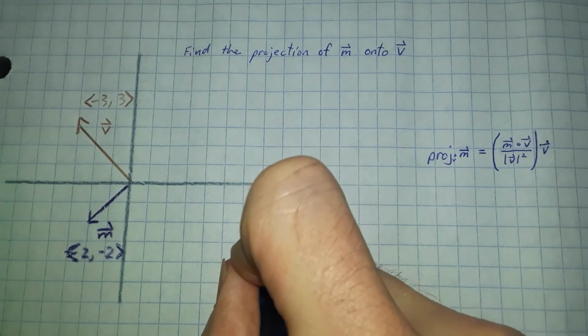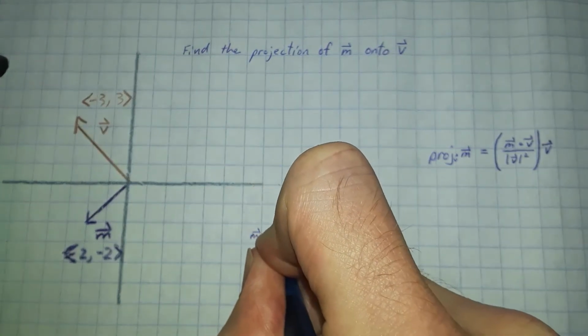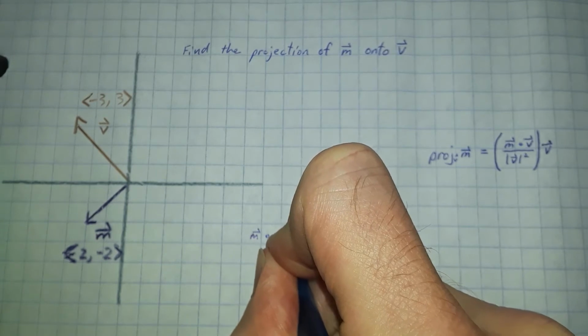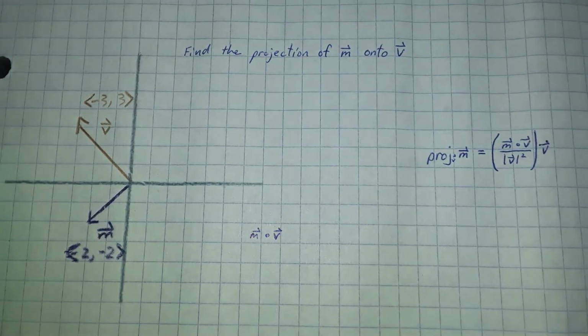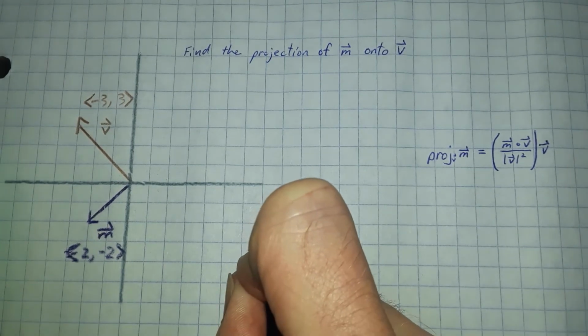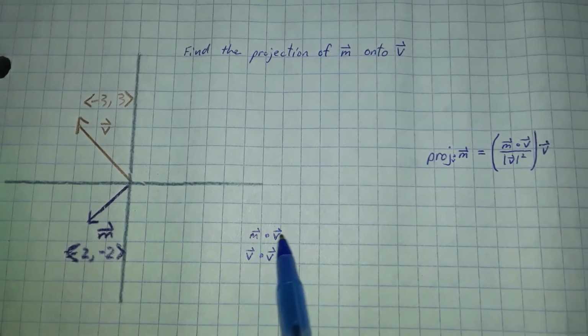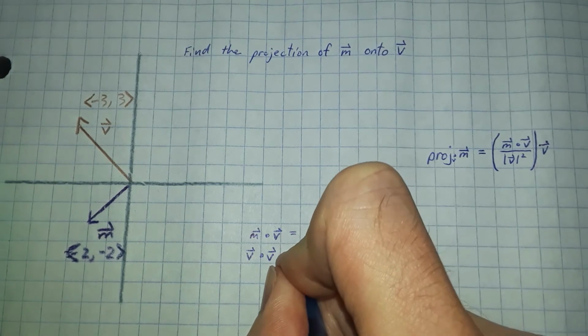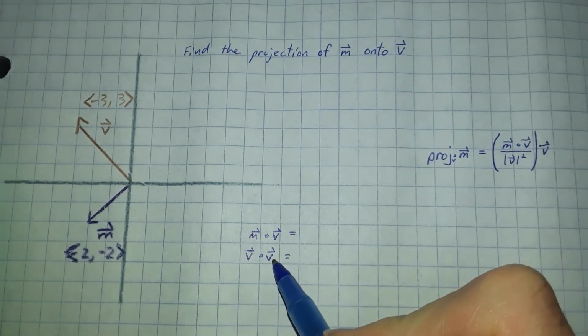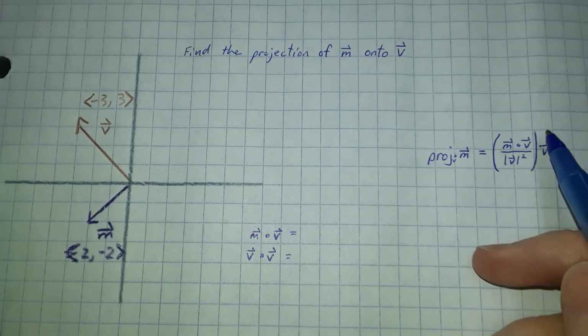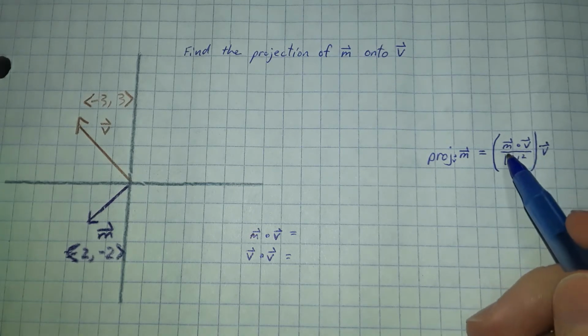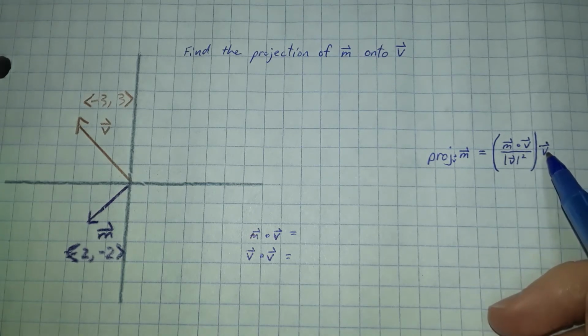So the first calculation that I need to look at is vector m dot vector v, and then I need to look at vector v dot vector v. So this top calculation will end up being the numerator, the bottom calculation is the denominator, and then we have to multiply that number that we get here by this vector here.